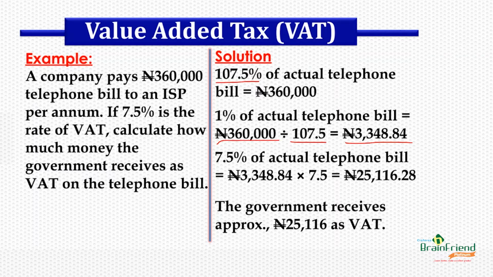We can go ahead to do that by simply multiplying 3,348 naira 84 kobo by 7.5, which is the VAT rate. And when we do that, we would have 25,116 naira 28 kobo. So this is the money that will be taken by government as VAT.